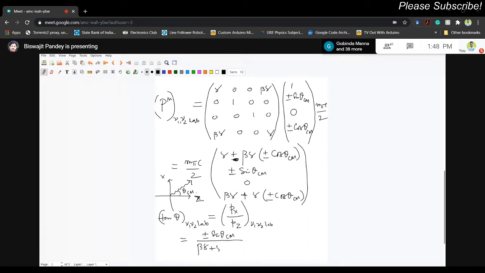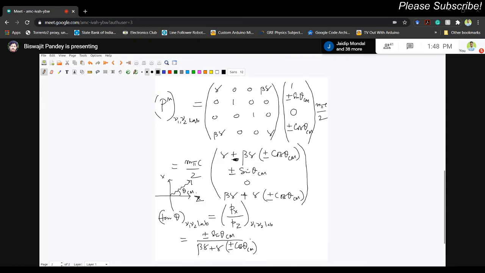plus gamma times, remember this plus minus sign is for the 2 photons, right? I have not written them separately, I am writing them together because otherwise I have to repeat everything. Again, you can take gamma outside, so gamma is nothing but 1 over square root of 1 minus beta square.